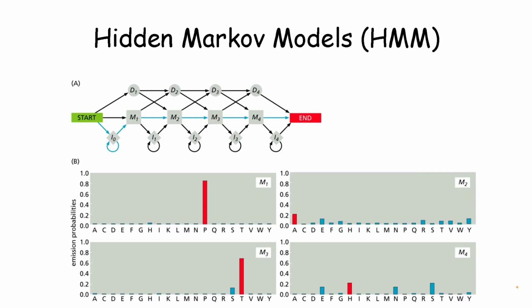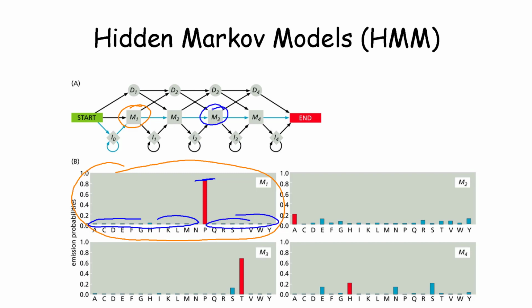The match nodes are responsible for generating the amino acids. For each match node, we would have a table of emission probabilities for each of the 20 amino acids. For example, when we are in M1, we produce proline with 90% probability. The rest of the 10% of the time, we produce one of the other amino acids.